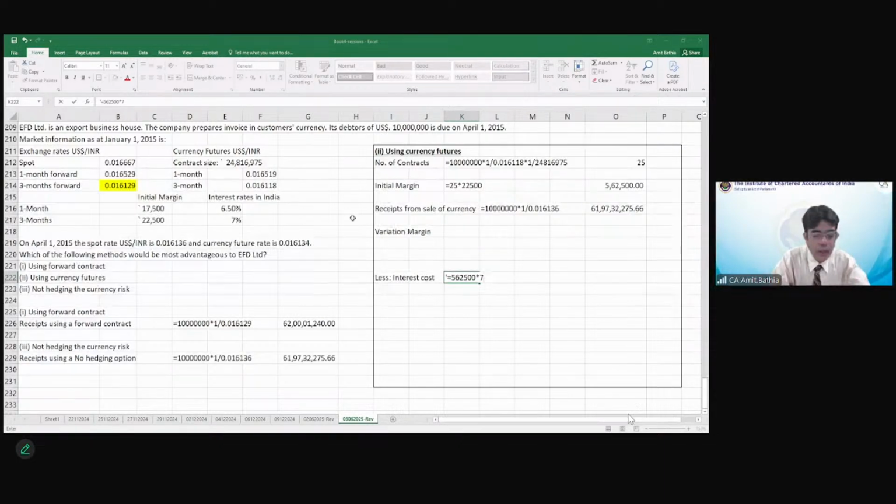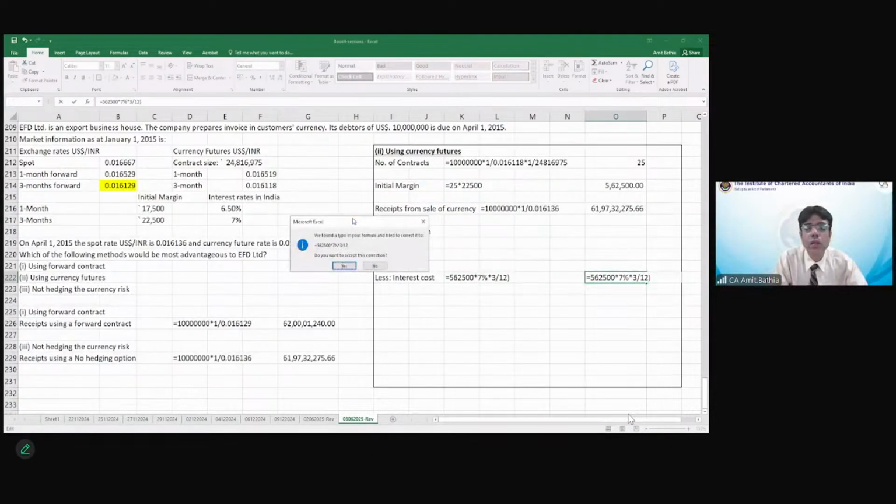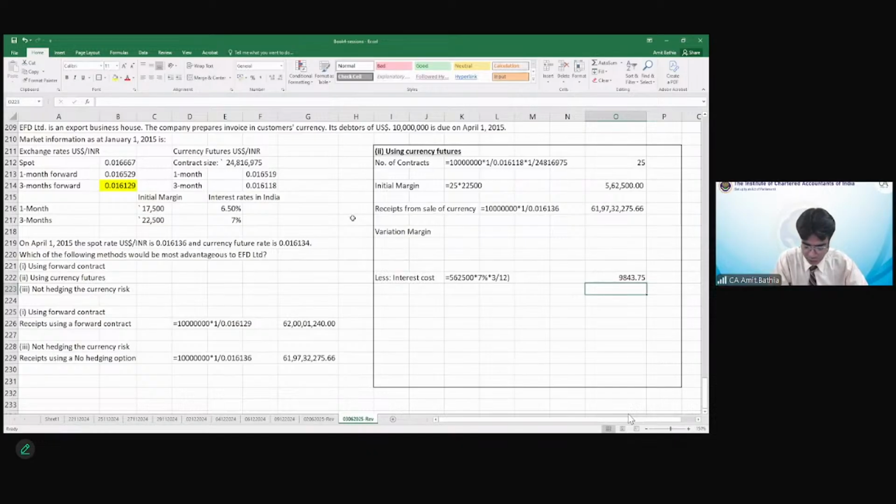So 7% into 3 months, right? So 3 upon 12 or 90 upon 360. Here it's already mentioned in months, so I write 3 upon 12. 9843.75? Yes. Right? Okay.